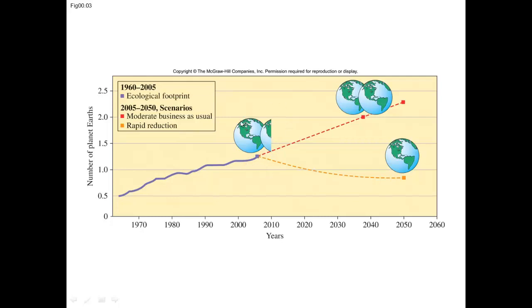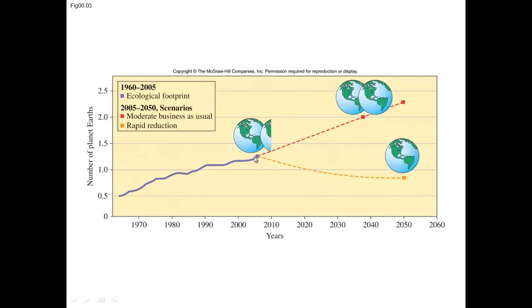This is about 2005 on this map, so it's a little while ago, but around this time frame, we needed an Earth and a quarter to sustain what we're doing. So already we're not able to preserve what we have here for our future. We're already using it up too much.